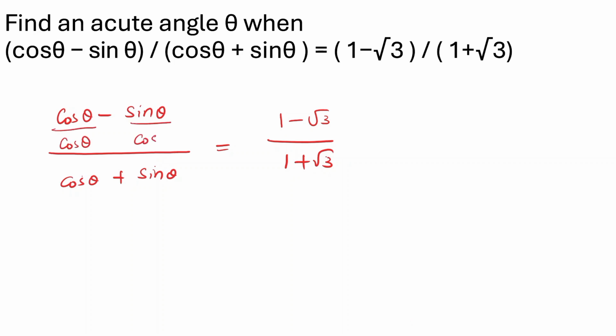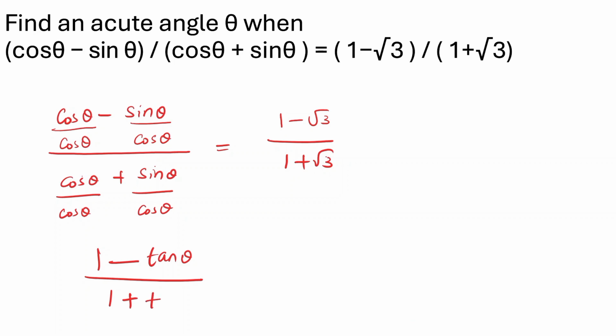Okay, cos theta all divided by cos theta, I'll get 1 minus tan theta divided by 1 plus tan theta. So here you can see 1 minus tan theta is 1 minus root 3, and 1 plus tan theta is 1 plus root 3.